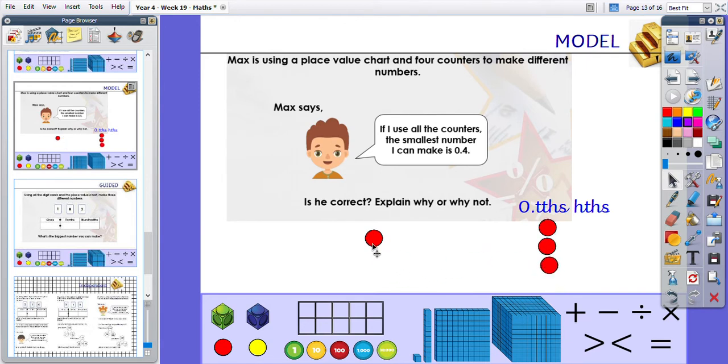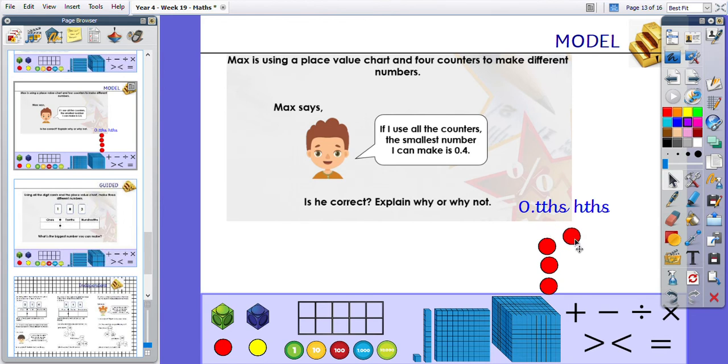So he has shown 0.4 and he thinks that's the smallest number he could make. Well, let's think about our place value. Which column has the smallest value? So where could we place those counters where they would be the least amount they could be?